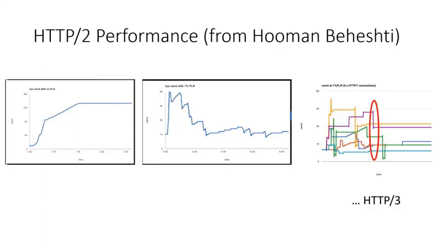Mr. Homan explained that by the fact that with H2 we are replacing 6 concurrent TCP connections with a single TCP connection. On the left you can see the TCP congestion window, which is one of the factors that determine the number of bytes that can be sent by the server at any time, and is a means of stopping a link between the sender and the receiver from becoming overwhelmed with too much traffic.